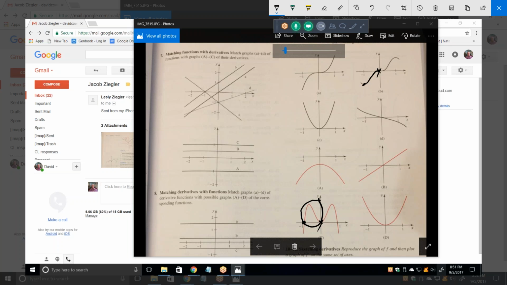In other words, you don't know what it's going to look like yet. You might at some point. But for the moment, just because it's increasing from there to there, its first derivative has to be in positive territory that whole way. And it is. There's a bump there. Well, we'll get to that.